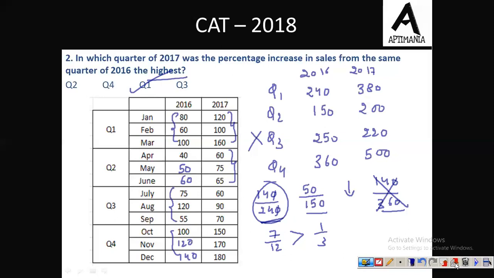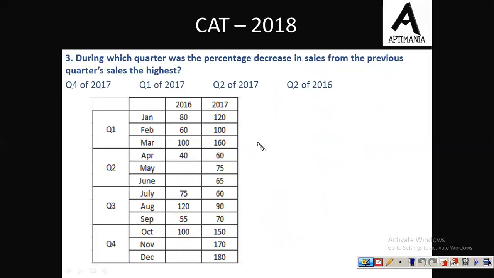Fine. Moving to question number 3. During which quarter was the percentage decrease in sales from the previous quarter sales the highest? Quarter 4 of 2017. So quarter 4 of 2017 में जो sale था, that was quarter 4 of, let me fill this value again. This was 50 and this 60 and this was 120 and 140.